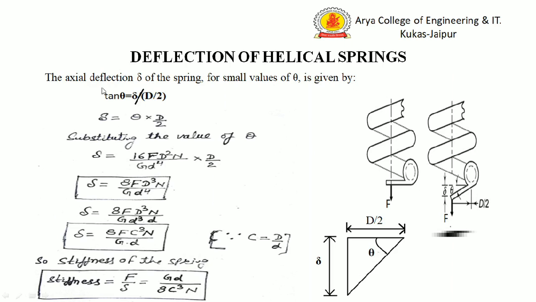Now axial deflection. The concept of axial deflection and angular deflection is shown in this diagram. Basically this angle is the angular deflection theta, and this linear deflection is delta.